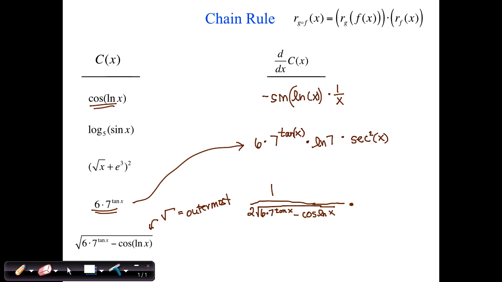So what's underneath is a subtraction of 2 terms. To take the derivative of 2 terms that are subtracted or added, you just do the 2 derivatives separately and then subtract them. Luckily, we already worked out the derivatives of those 2 parts. We have them up above. Now, this is going to be long, but it's going to be this fraction times, and I'm going to write this on the next line.